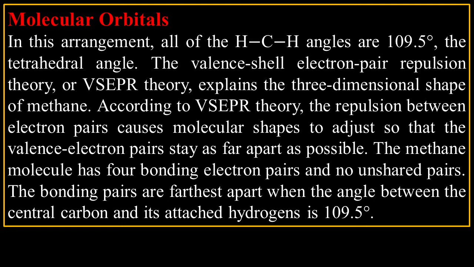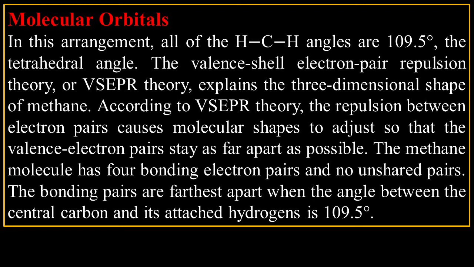The valence shell electron pair repulsion theory, VSEPR theory, explains the three-dimensional shape of methane. According to VSEPR theory, the repulsion between electron pairs causes molecular shapes to adjust so that the valence electron pairs stay as far apart as possible.